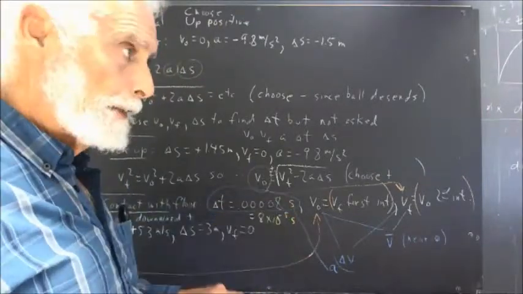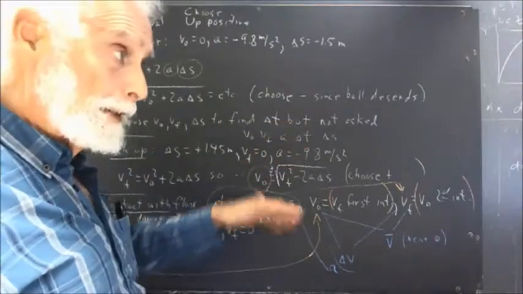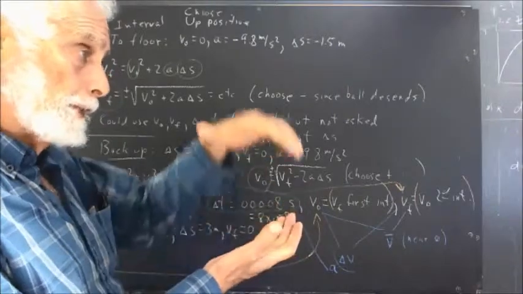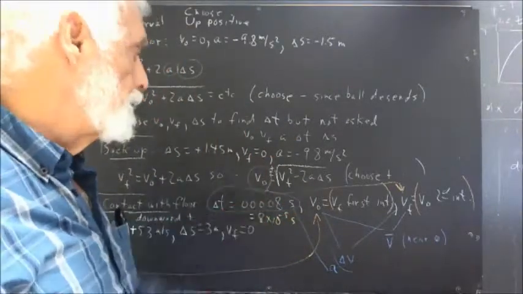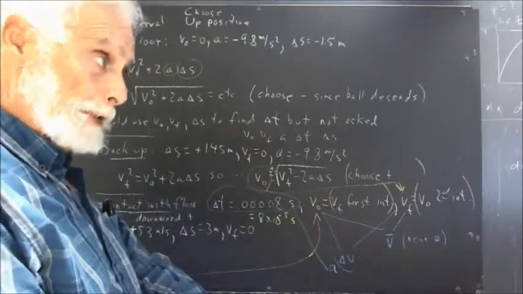We can cut that in half and say, okay, well, about halfway through that interval, the ball should be at its maximum compression, and then it's going to decompress for the other half of the interval before leaving the floor. So that would be 0.00004 seconds for the ball to come to rest.